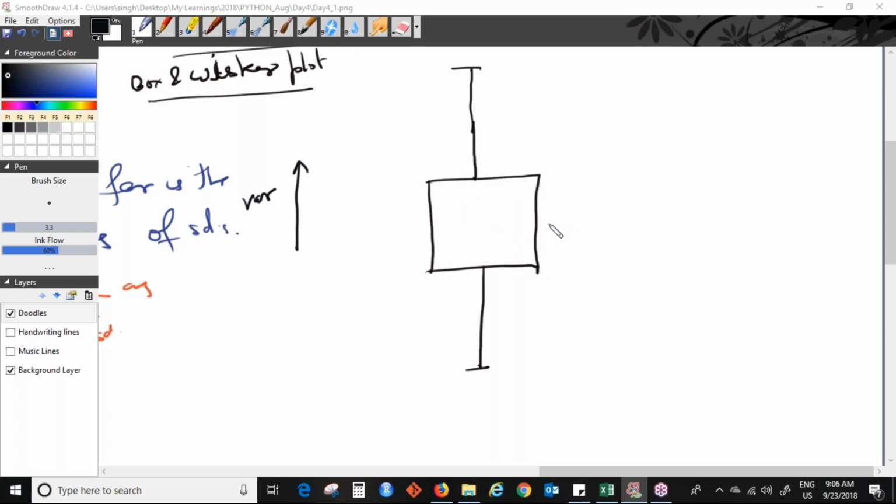This box has 50% of your data. 50% of your data will come within the box and 50% will be outside of it.